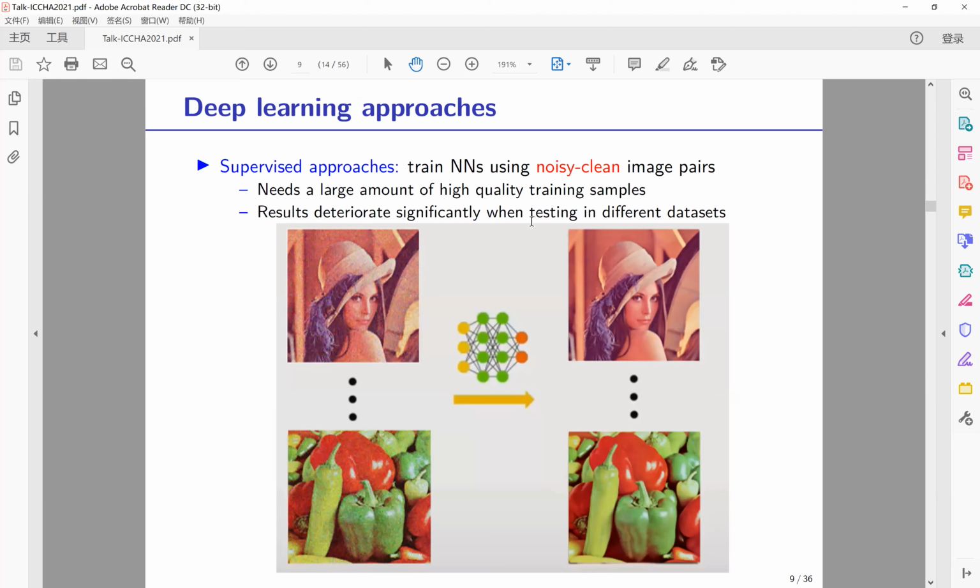And we know that there are many deep learning approaches for image denoising. The most common approach is the supervised approach, which means that I have some training pairs, one a noisy image and the other a true image. And then I can train a neural network such that I can get a map between the noisy image and the true image.